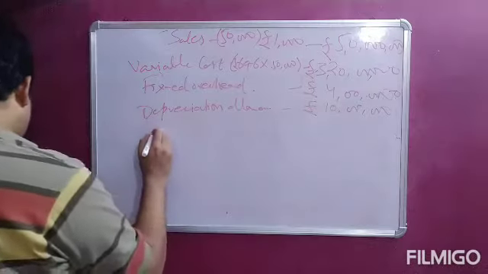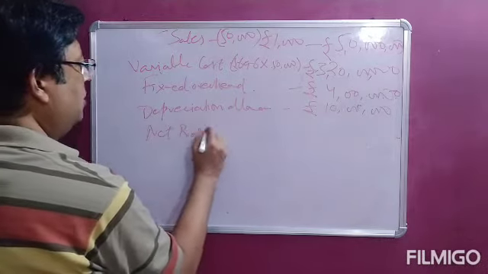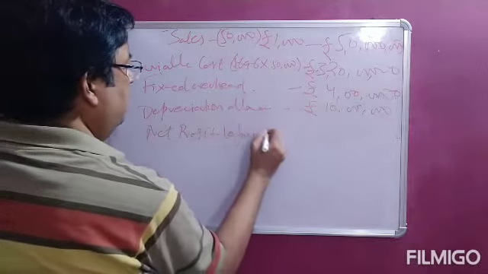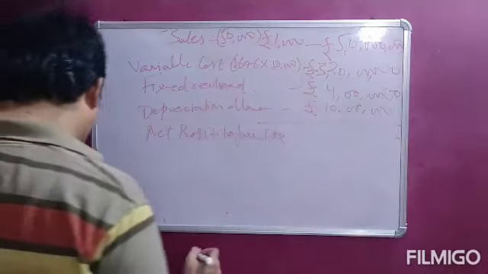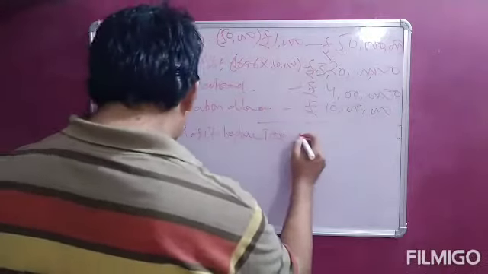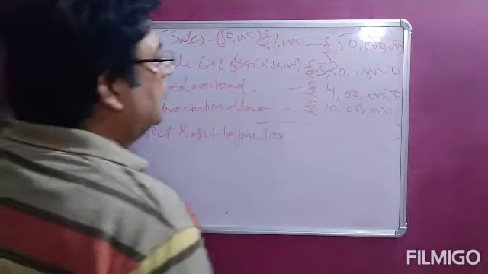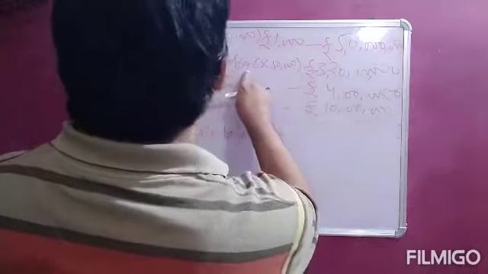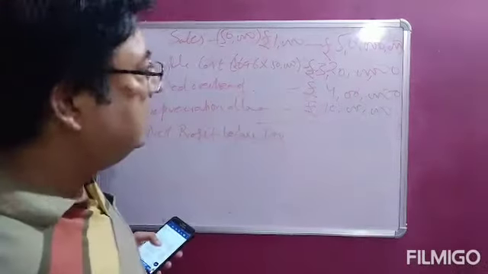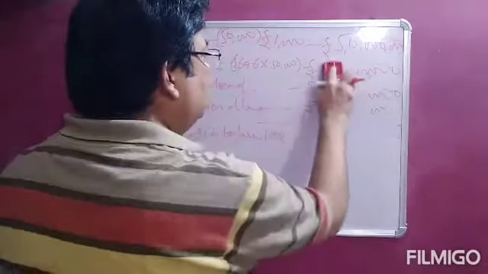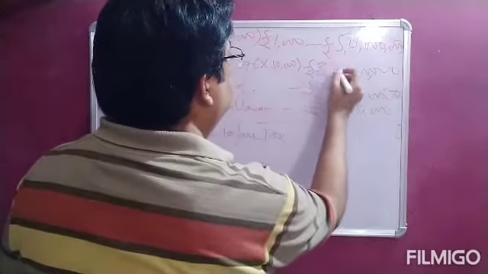Then after depreciation allowances, net profit before tax. I did this multiplication wrong. Variable cost 696 into 50,000 will be slightly more. I had taken the total variable cost of the base case. So this will increase to 3 crores 48 lakhs.